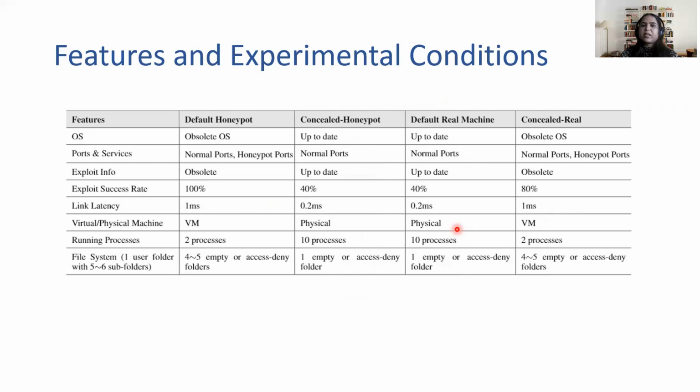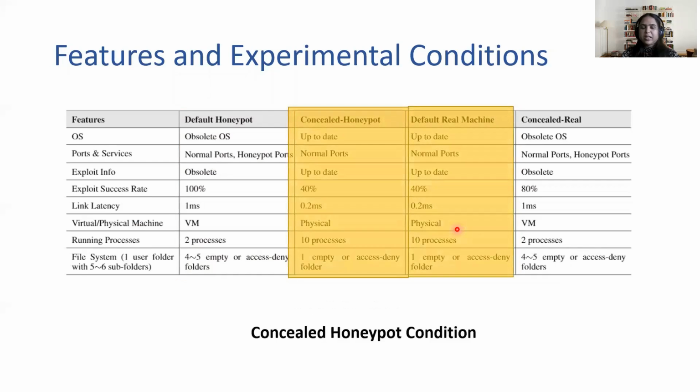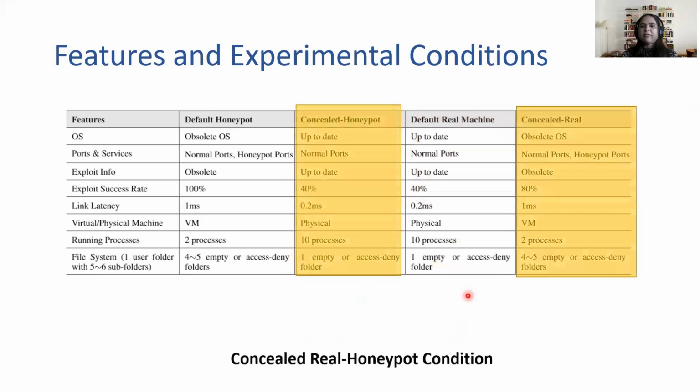We created three experimental conditions. One is the default condition where both honeypot and real are default. Then one-sided deception, that is, concealed honeypot only, where default real is used. And then two-sided deception, where concealed honeypots as well as concealed real nodes are used.